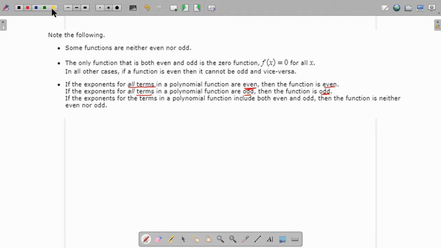Right. So let's just look at a quick example before we look at the real examples. Let's say you have y equals 5x cubed plus 4x. So what we're doing is we're looking at the powers. We have a 3 and this one, which we don't write, but we know this is a power of 1. So 3 and 1. Those are both odd powers. So this is an odd function.